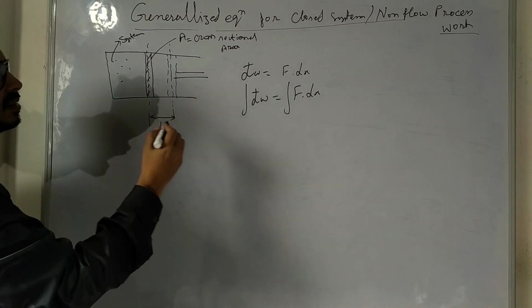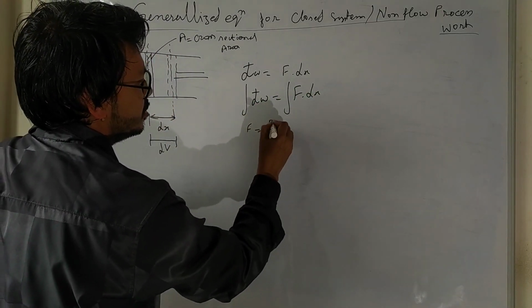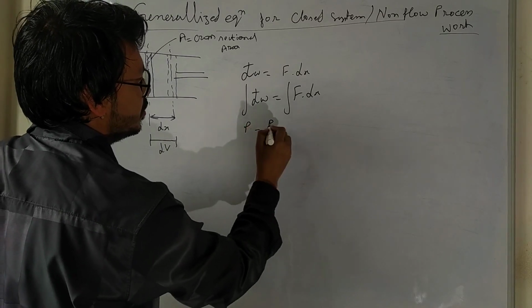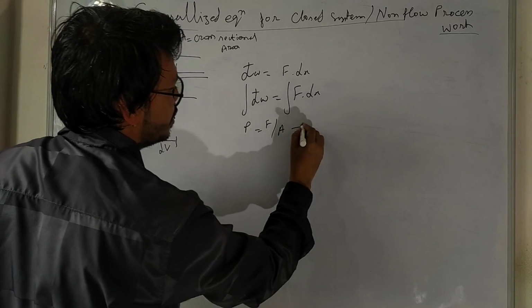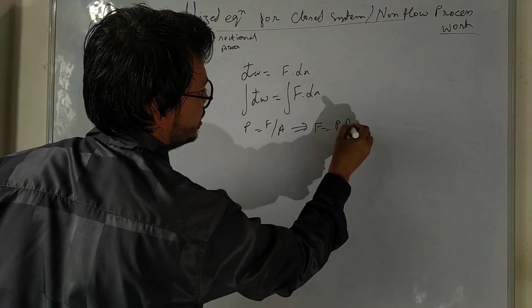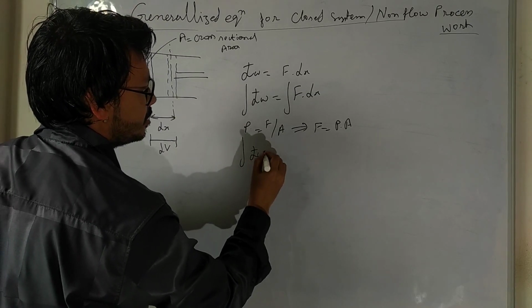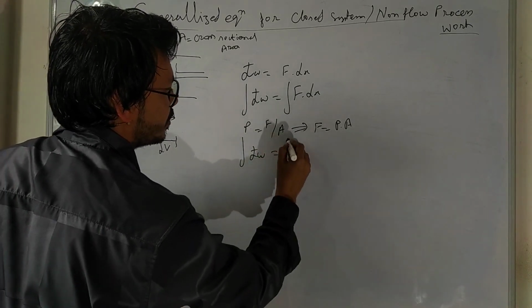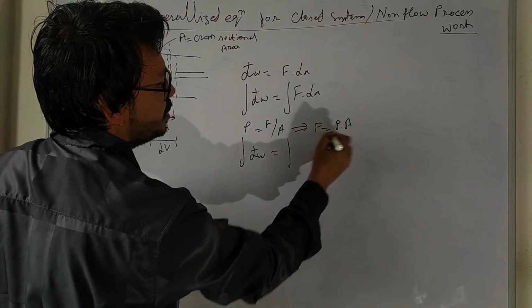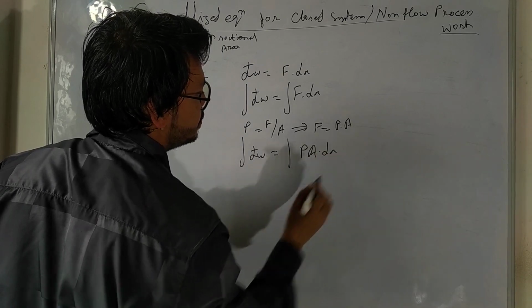We know that pressure equals force by area. So this implies force equals pressure into area. We will get dW as integration of, in place of F we can put PA into dx.